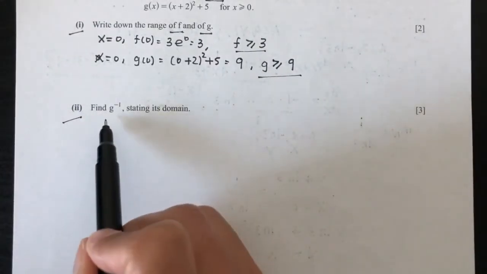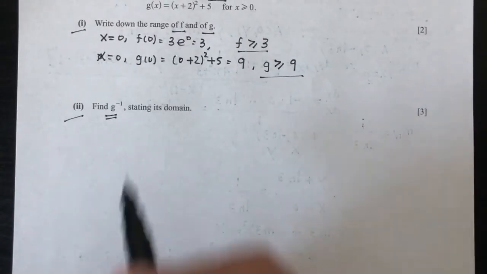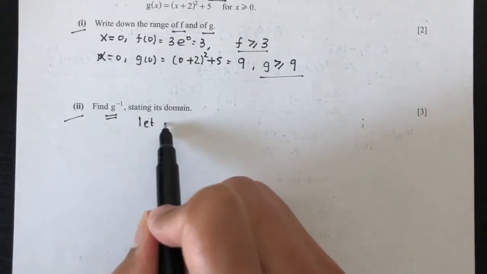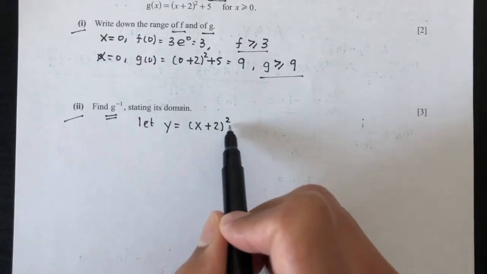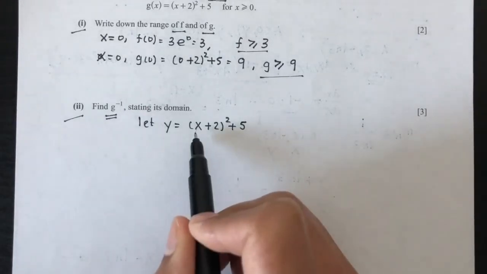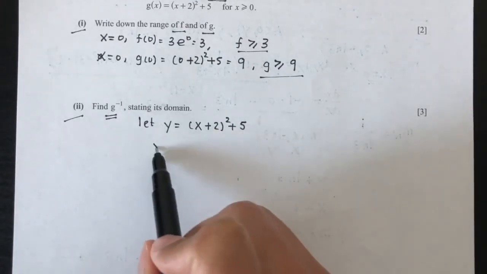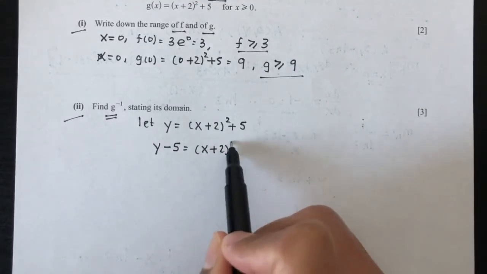Now for part 2, find g inverse stating its domain. Pretty easy. For g inverse, we have to let y equal to g, which is this. Now we have to make x the subject of the formula. So first step, we have to send 5 over here. You will have this. Then send the square.